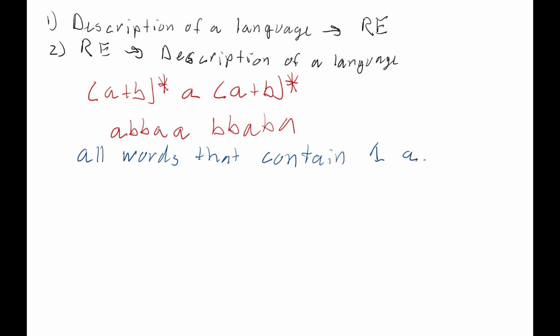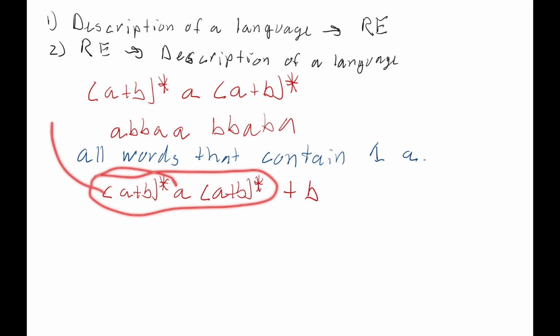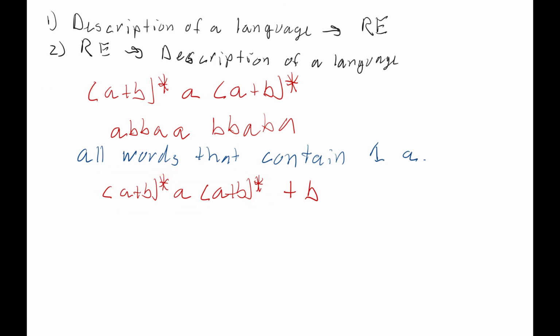Now let's figure out what this regular expression is. So we got (a or b)*a(a or b)*, and then we're going to say or b. So what is this language right here? Well, if you notice, this part right here is the same as that one. So that's all words that contain at least one a. What's this right here? Well, that's just the word b, only b.